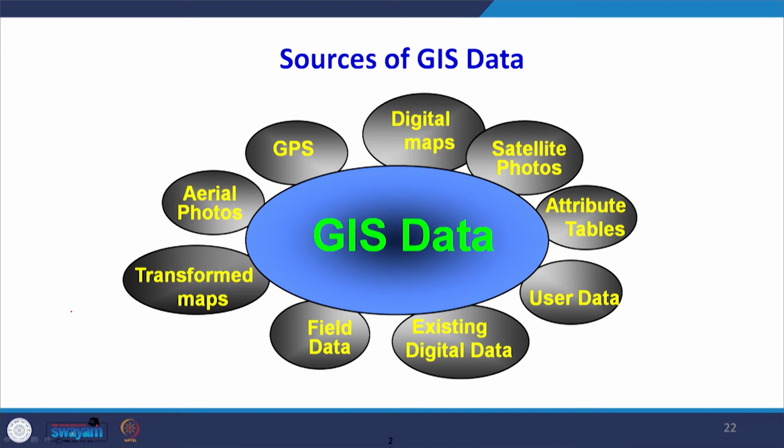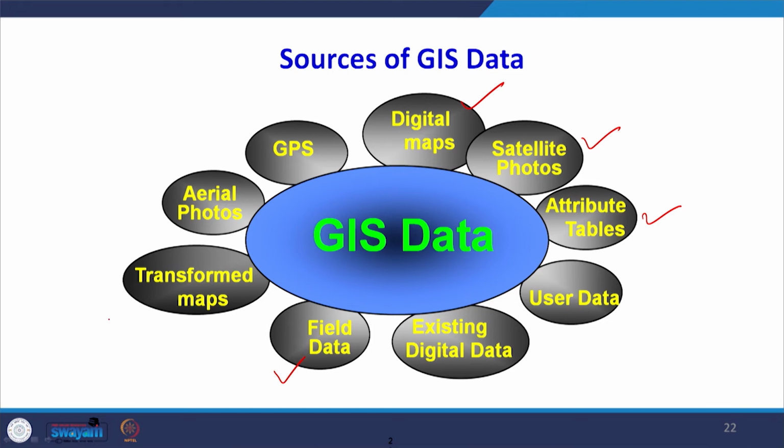We may have, for example, digital maps already available in digital form, like topographical maps in the form of digital data from Survey of India. Then there are satellite images and photographs available in digital mode. There are attribute data tables available. Then there could be field data which you are collecting from different modern devices which give you digital output.